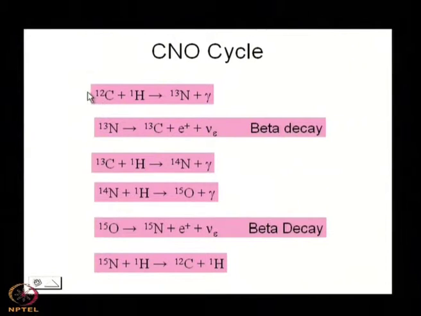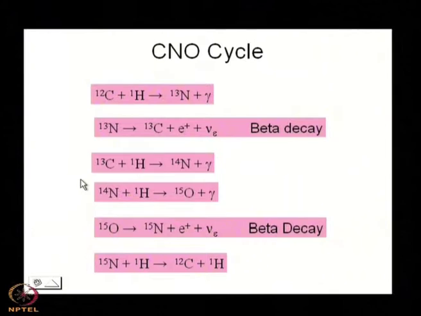You start off with carbon 12 colliding with one proton, and this produces nitrogen 13 and a photon. Now, this nitrogen 13 then does beta decay, and in this beta decay it produces carbon 13 and a positron and a neutrino.